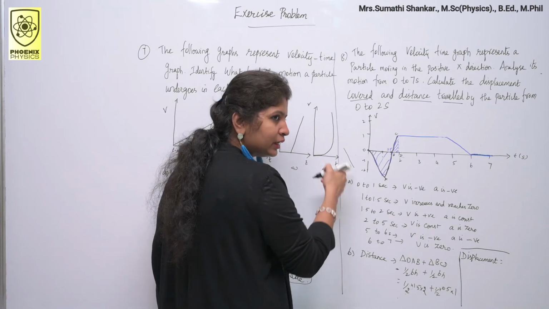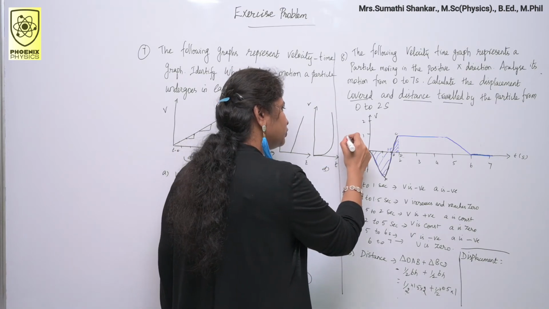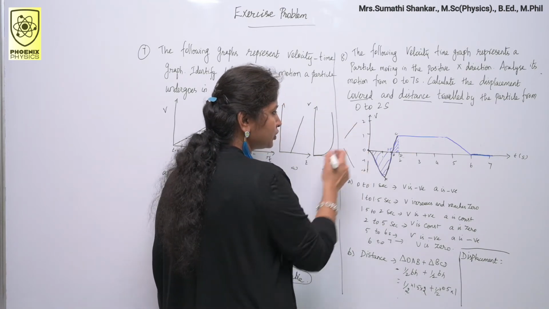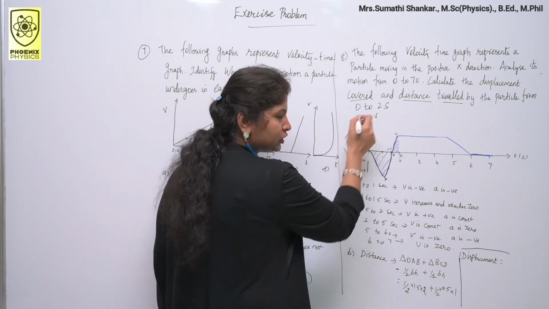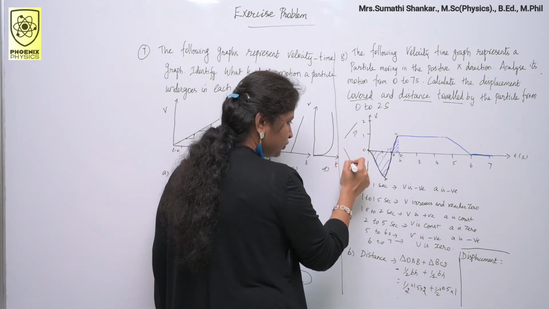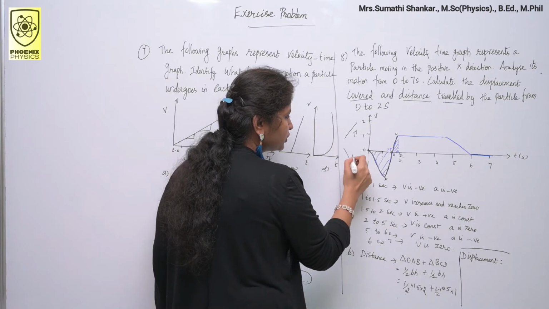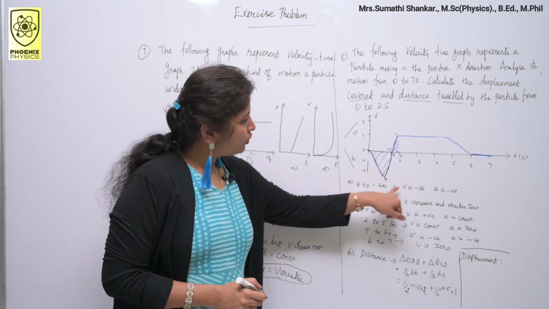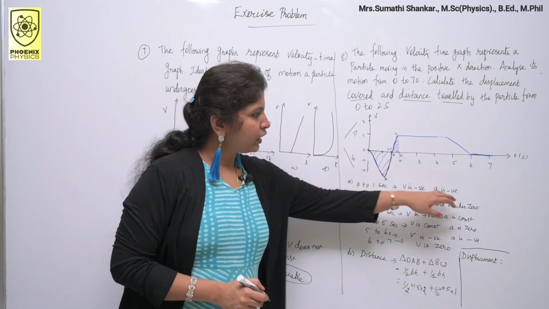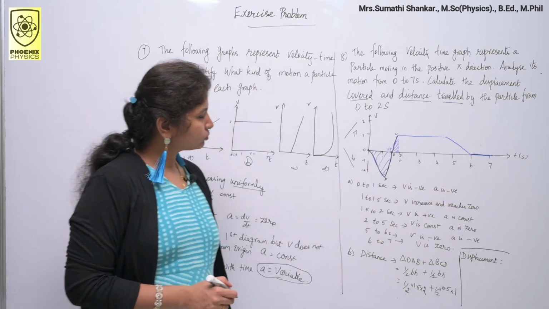So V is decreasing. Suppose if the graph is drawn in this direction, means V is increasing uniformly. Here the graph is downwards, so V is decreasing uniformly.